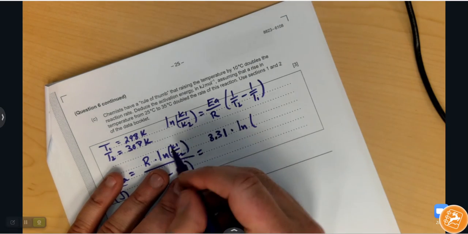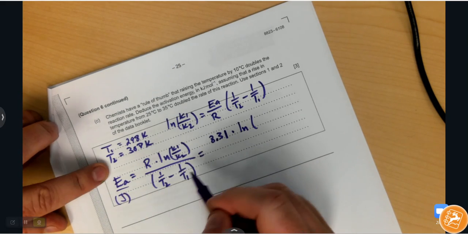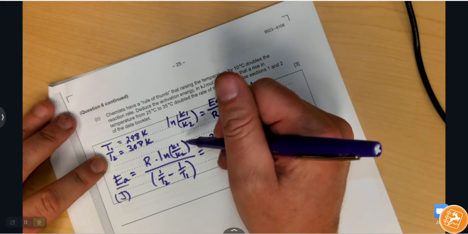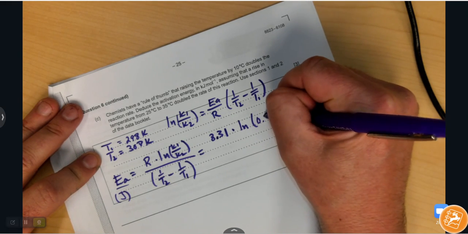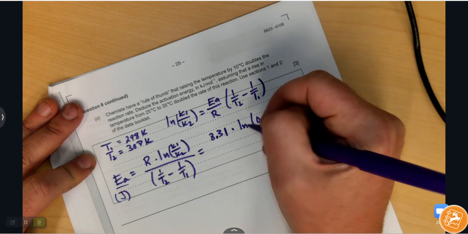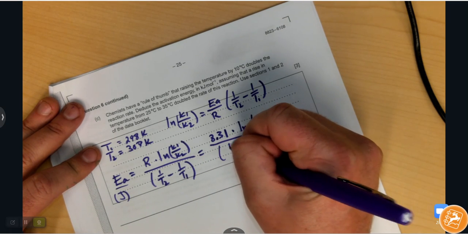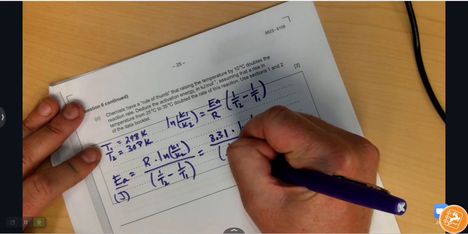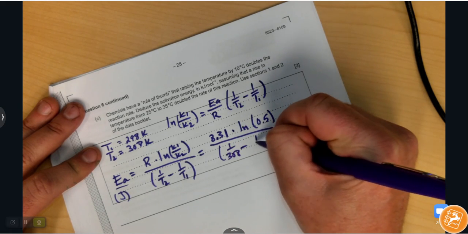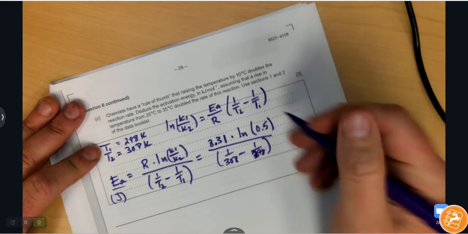Well, we're not given K1 and K2, but if K1 goes with T1 and K2 goes with T2 and it doubles, we can just assume that it's 0.5 because that would be 1 to 2. And then we're just going to divide by 1 over T2, which is 308, minus 1 over T1, which is 298.